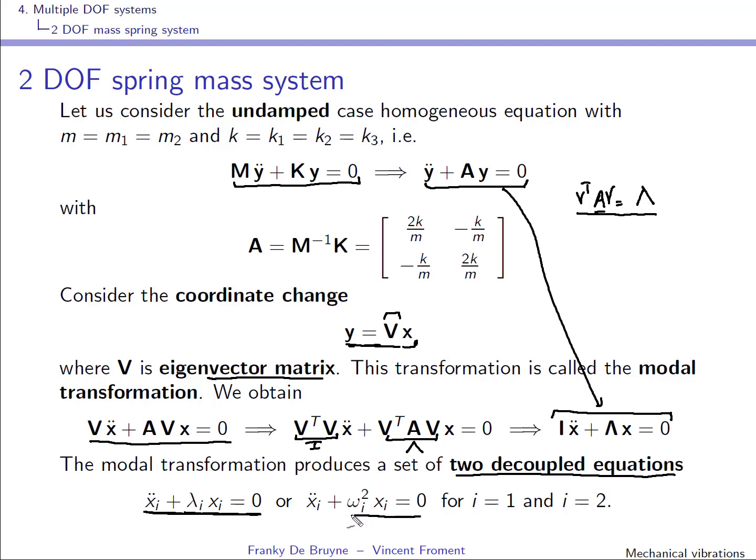So we obtain two equations like that that are decoupled, so you can solve them separately. Okay, and if you want the global solution, well, you simply take the vector x, which is composed of the two decoupled solutions, and you pre-multiply by V to have the solution of the original problem.